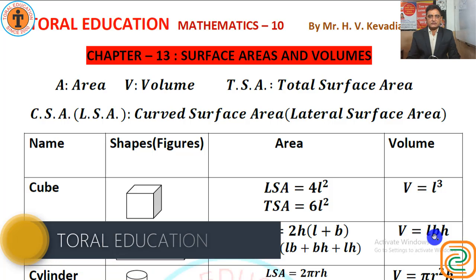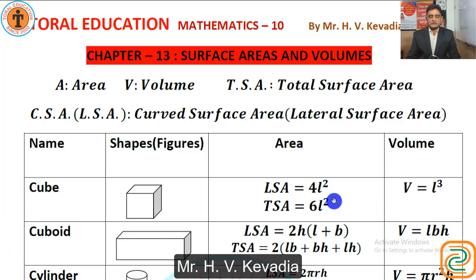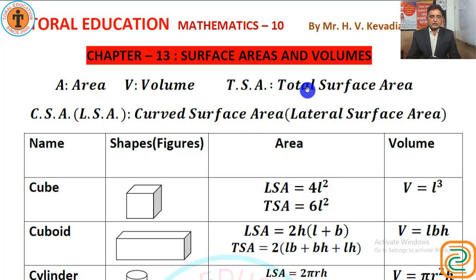Myself, Mr. H.V. Kevadia, and today I am taking your chapter number 30, Surface Areas and Volumes. In this chapter, we will learn about different kinds of 3D shapes. So first, here I have written some short forms.